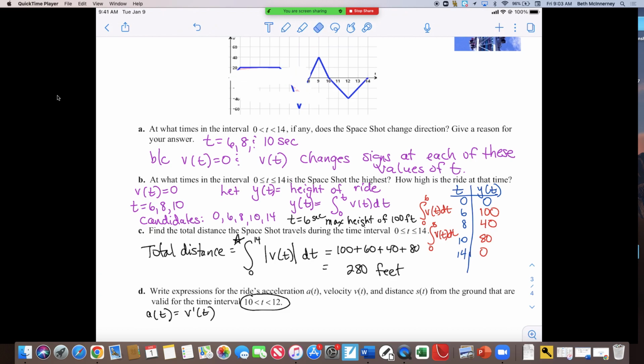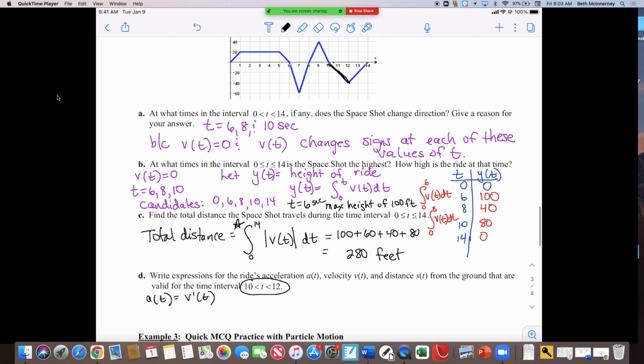Let me go erase what I drew on here. And from 10 to 12, isn't this a line segment? So then what would be my derivative there? I'm down 40 over 2, so my acceleration is negative 20. And that would be feet per second squared.